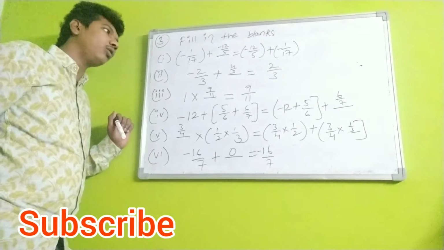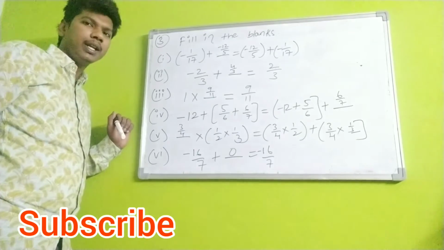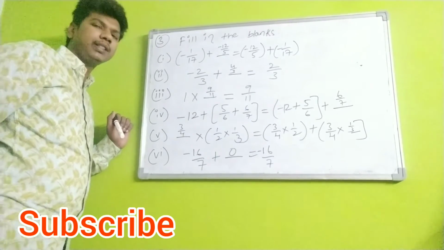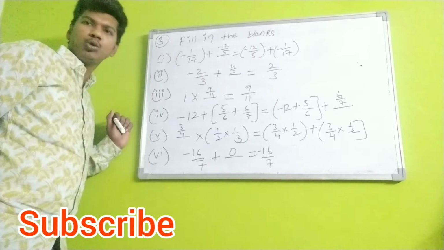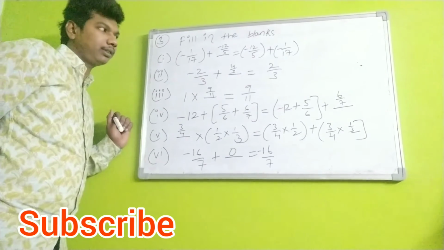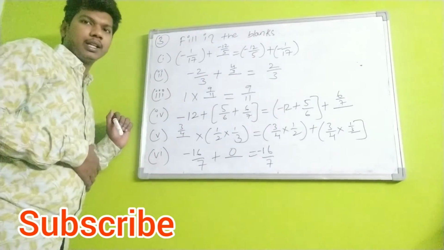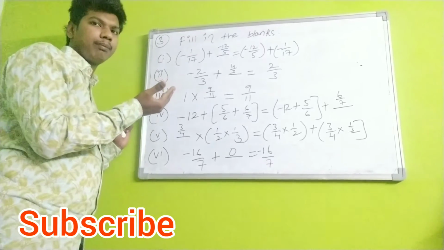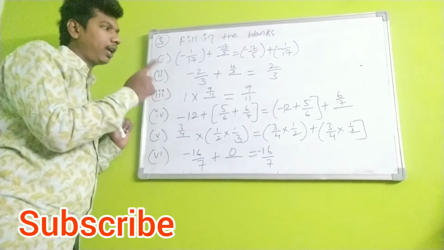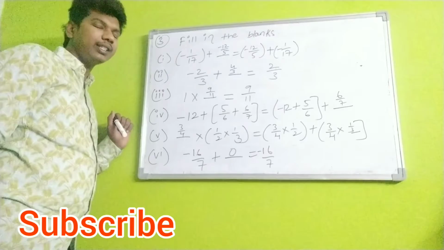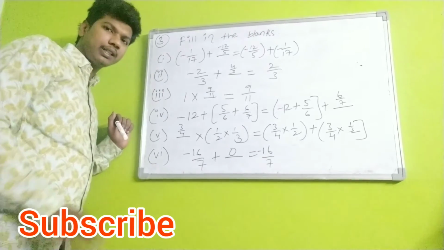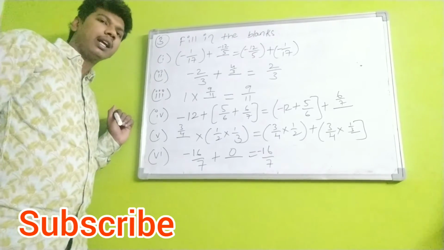Now 4 minus 2 is 2. Yes, 2 divided by the denominator 3, I am writing the same as it is. Therefore I got the answer 2 by 3. Therefore here my number is 4 by 3. If I take 4 by 3 in the blank place and add it to the first number, I get the answer 2 by 3. Okay, this is the way of selecting the blank number.